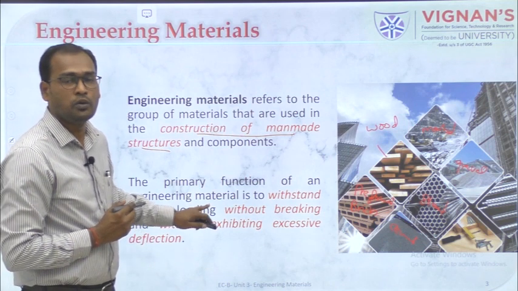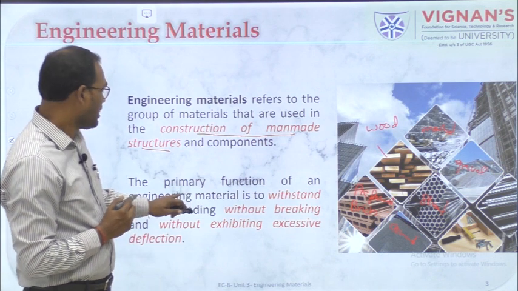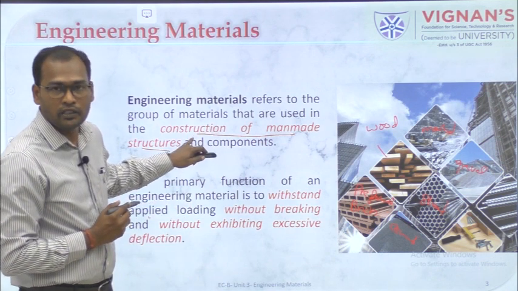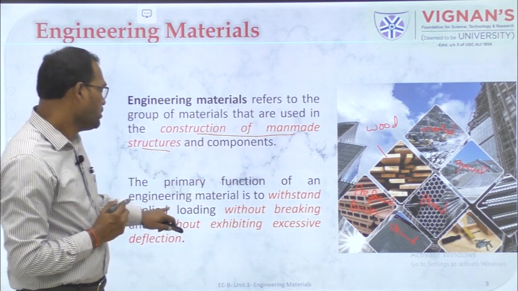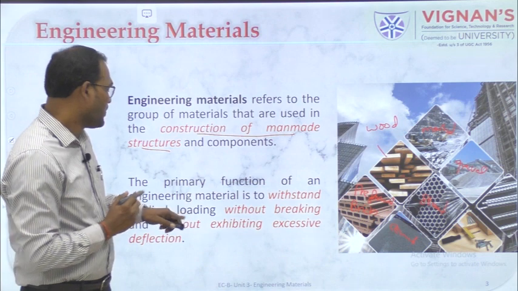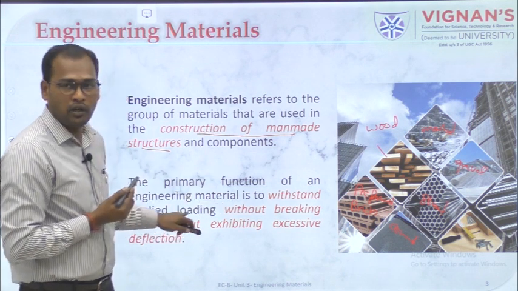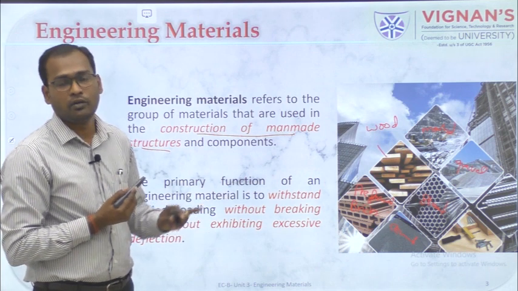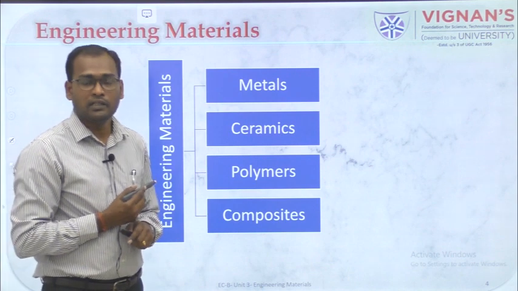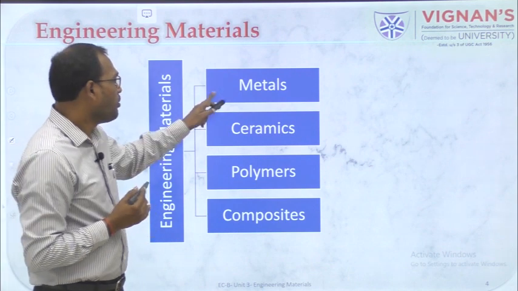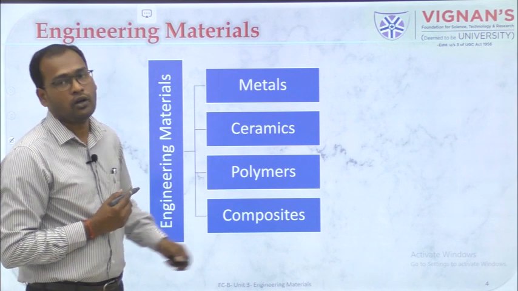These are the two main purposes of using an engineering material, so that the structure will be stable. And engineering materials can be broadly classified into metals, ceramics, polymers and composites.